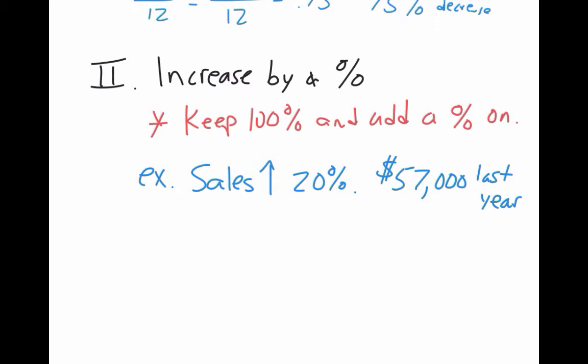What some people do, here's the way I like doing it. If something goes up by 20%, do you agree their sales this year are now 120%? Because they sell the same amount, they sell 100%, but they sell 20% more than the 100%. So what I would do if I were you, what I like is saying, okay, if it's up by 20%, that's really just 120%.